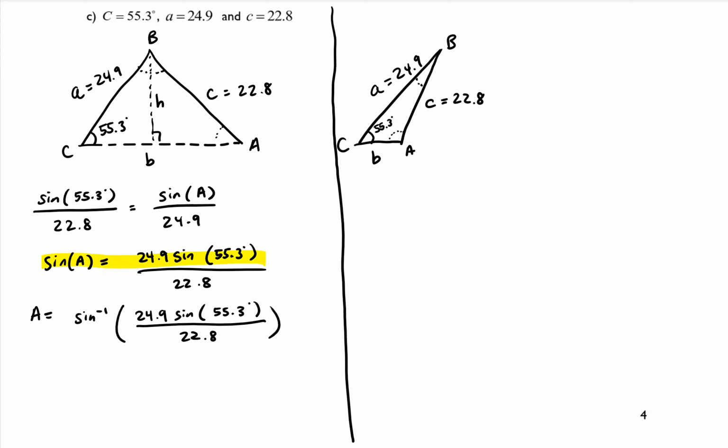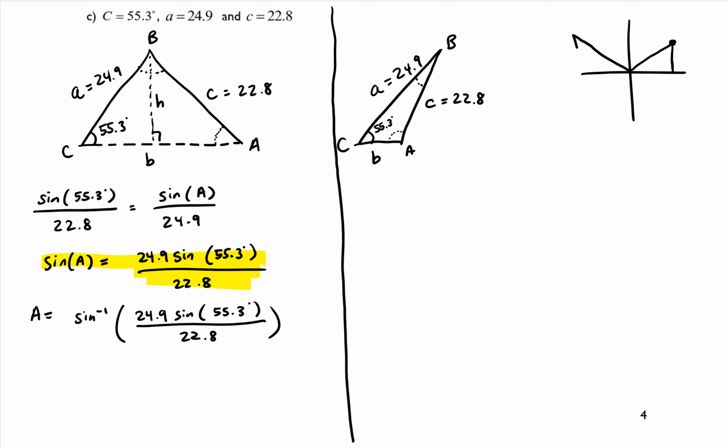Now notice that this equation here is actually going to have two solutions. When we plug in sine inverse into our calculator, it's only going to give us the acute angle that's drawn here. However, if you think about the unit circle, there's going to be an acute angle somewhere in quadrant 1 that's going to have that sine value.